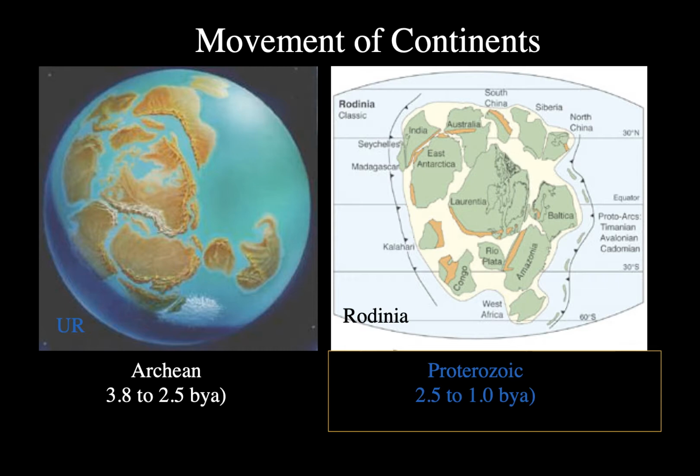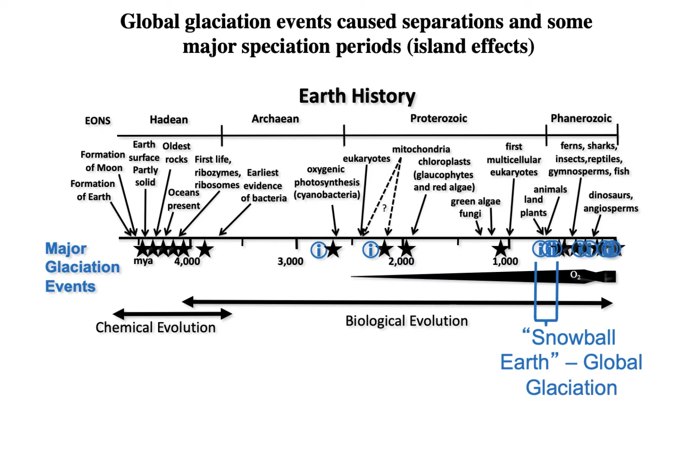And you can already see, even by 2.5 billion years, that they're at the poles and in the higher mountains, ice and snow have accumulated. But there were even larger ice events. One of the ones that's most documented is this one between about 600 and 800 million years ago, called the Snowball Earth period in Earth's history.